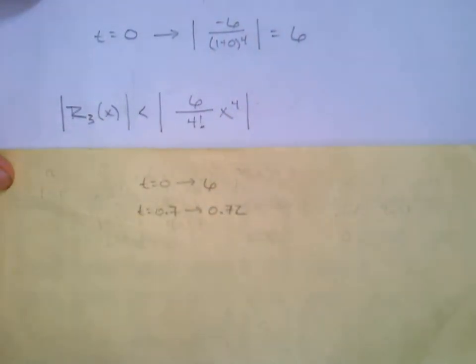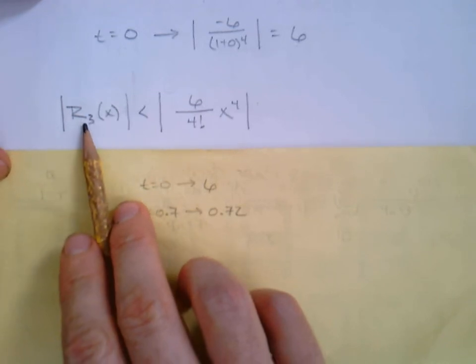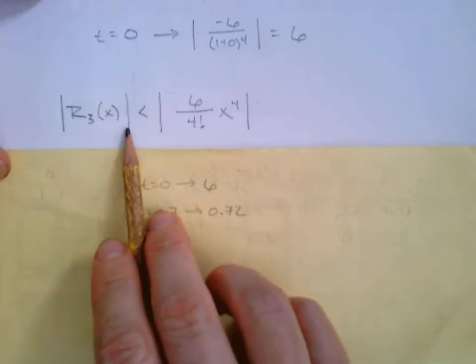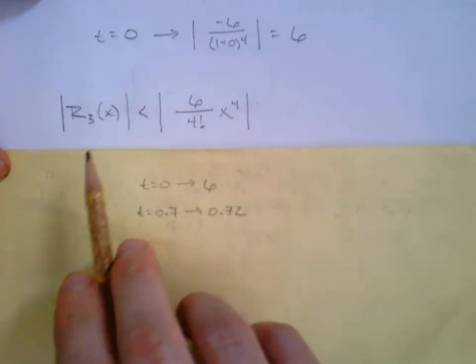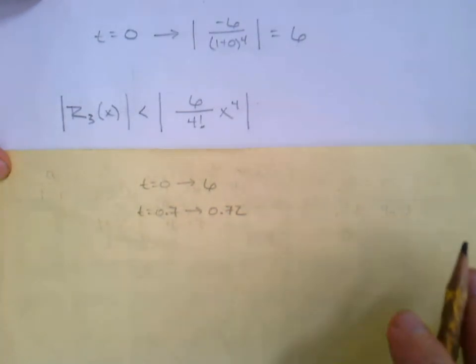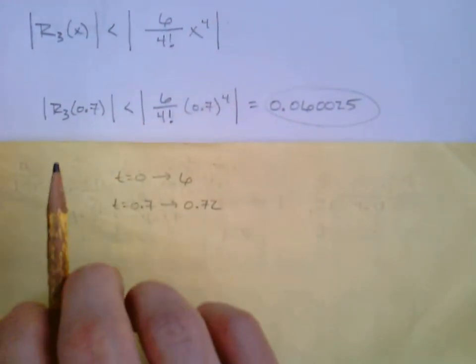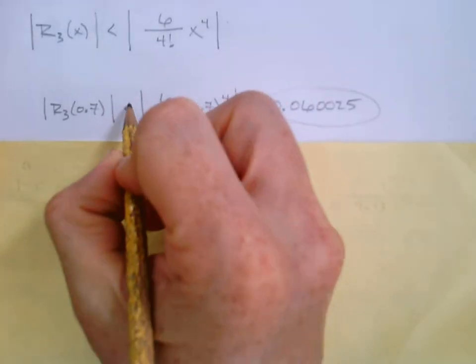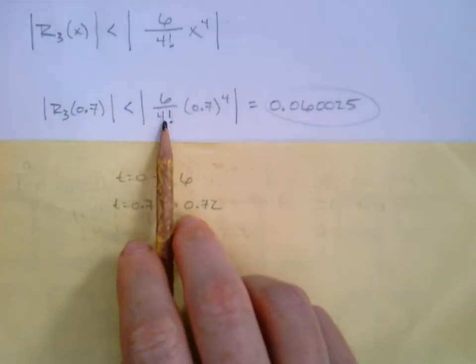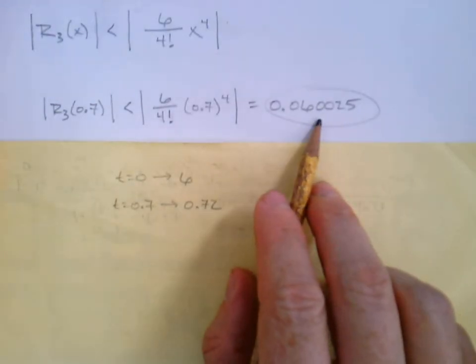That numerator becomes 6. It's the third degree remainder. Absolute value less than all this. Okay, 6 over 4 factorial x to the fourth. Remember, our x value we can now plug in is 0.7. And here I've got the answer. R3 of 0.7 is less than 6 over 4 factorial, 0.7 to the fourth, and you should get this number when you're done.